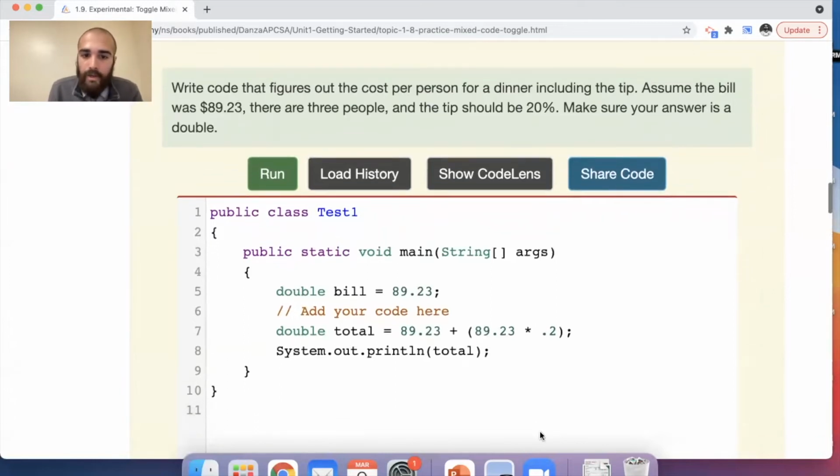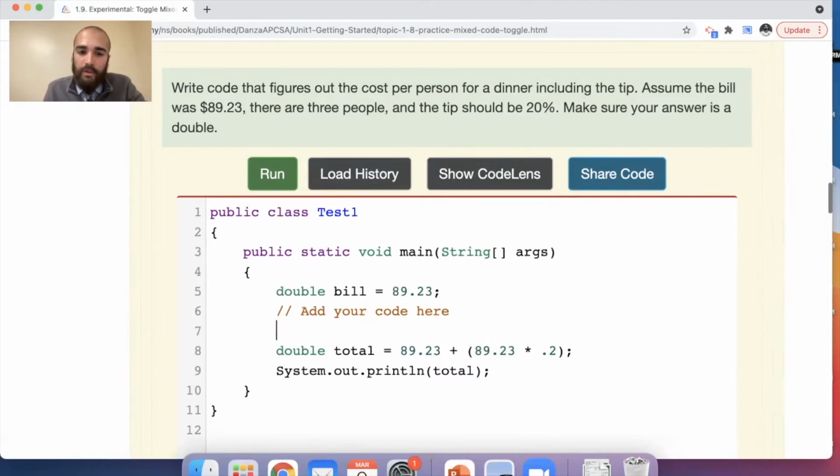So rather than creating a tip variable and all this, unless you're going to always use that, let's say you always are going to tip, I'll say double tip in all caps for a constant, right?